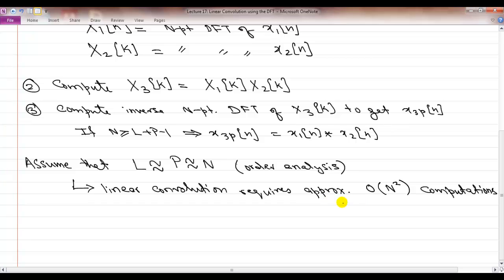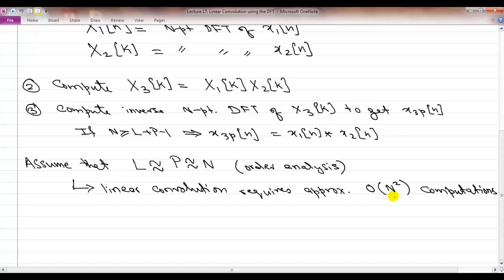The absolute value, of course, will depend upon how someone coded it and what kind of computer you were using. Were you using a 1990s computer, or a supercomputer? But in order analysis, if you fix the system and the software, and you increase the length of your sequence, the new amount of time required is going to be the square of that new length.